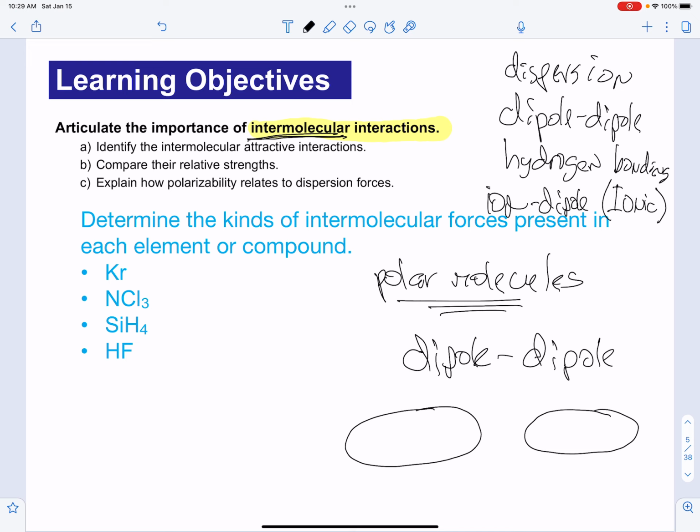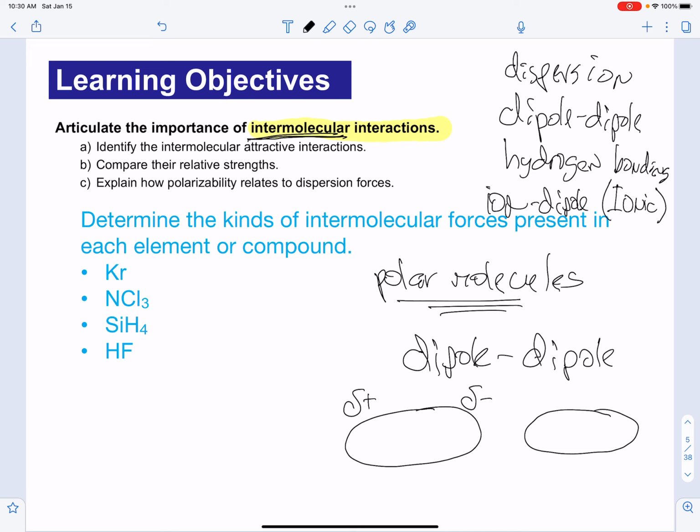And what does a dipole mean? A dipole means that this molecule is partially negative on one side and partially positive on the other side because of the movement of electrons, but different to the dispersion force, this partially negative, partially positive do not change. These electrons are to one side and they're going to stay there.